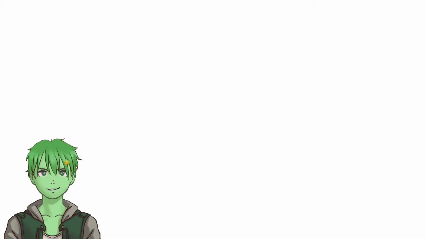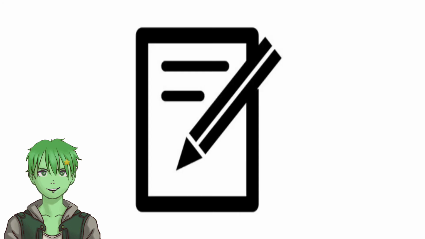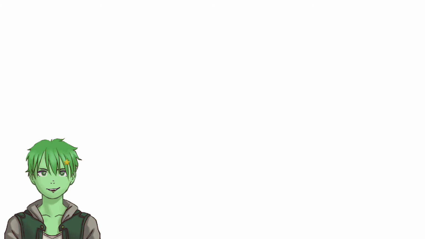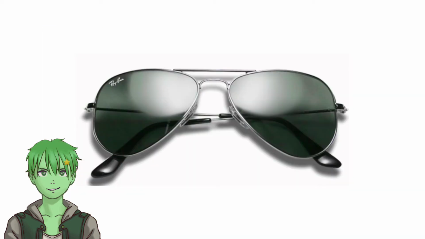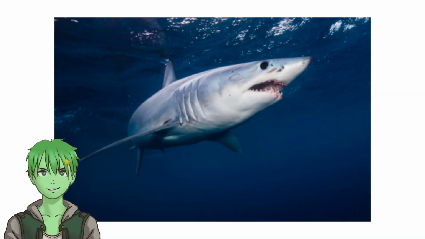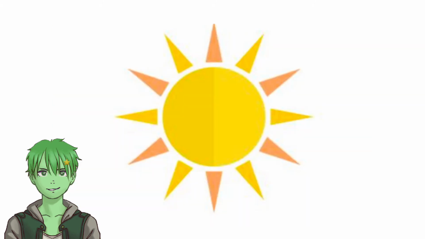The fourth tip is mix up different words. What do I mean by that? Well, basically you can just write down a lot of words, for example, adjectives or verbs, colors, stuff like that. For example, red, orange, sunglasses and sharks, and summer or heat.